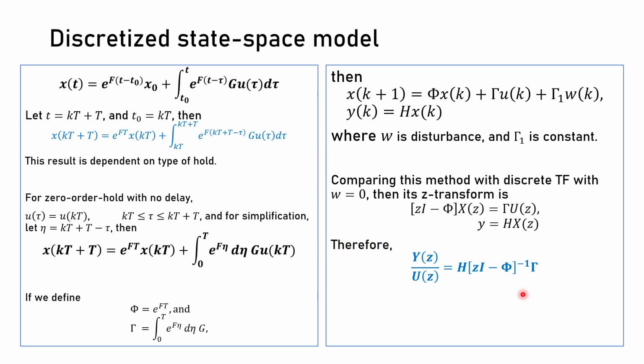Therefore, the discrete-time transfer function is defined as the ratio of output and input to be like this. Because you move this to the right hand side, you get the inverse for the state h, times gamma from the right hand side.